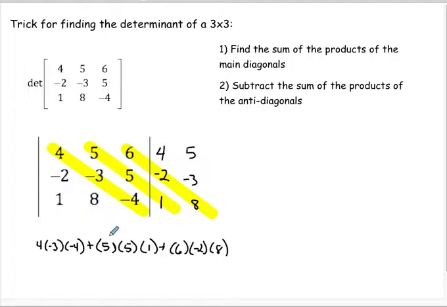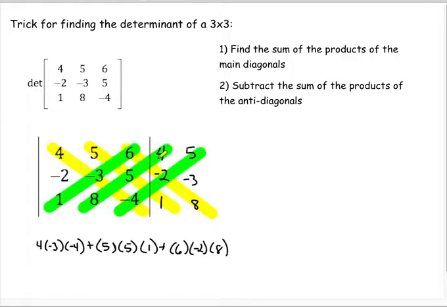And now I'm going to subtract the anti-diagonals, but when I think about subtracting the anti-diagonals, I've got more than one as well. So I've got 3. So I'm actually going to subtract the sum of the 3 products of these anti-diagonals.